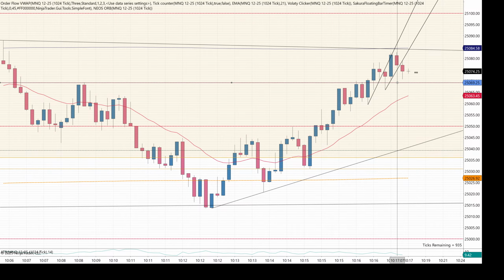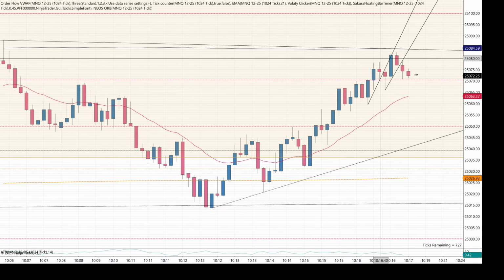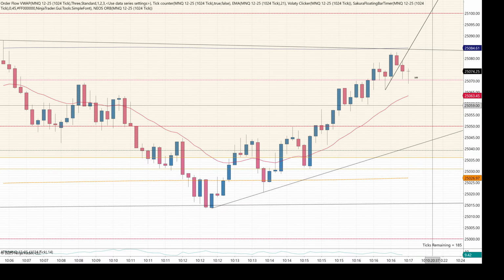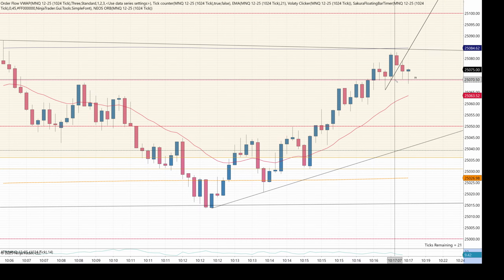Our runner did move up. Yep, and now it just got taken out. This is a false positive bearish signal here.